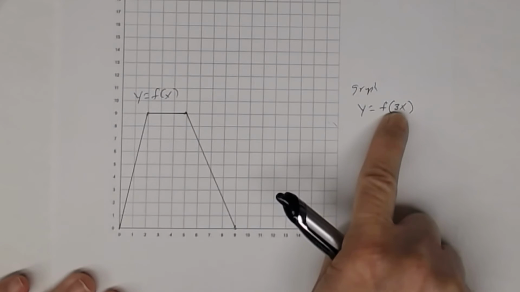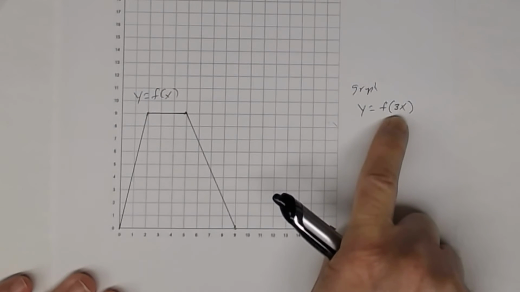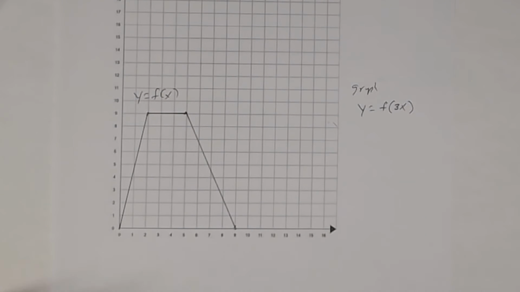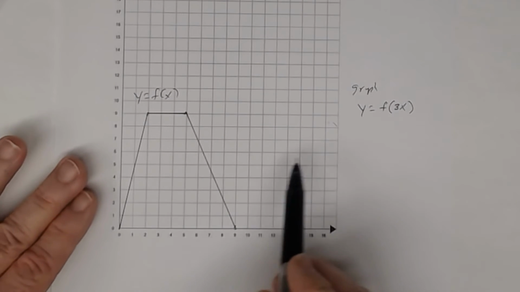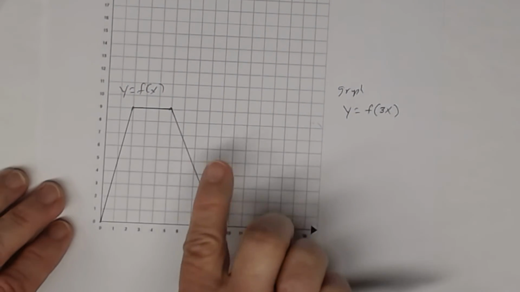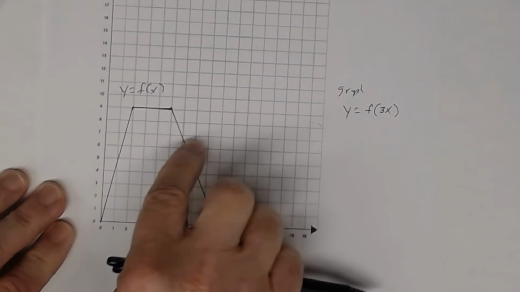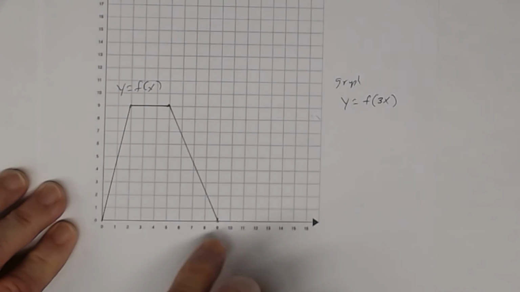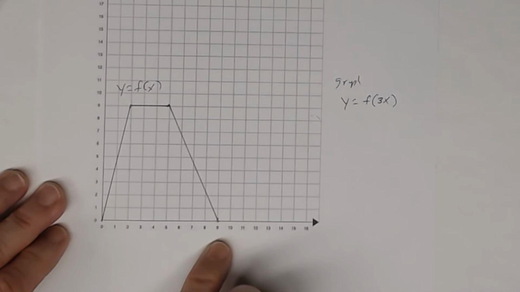Since k is greater than 1, and k in this case is 3, we're going to move it inward like this. So that's going to be a horizontal compression.